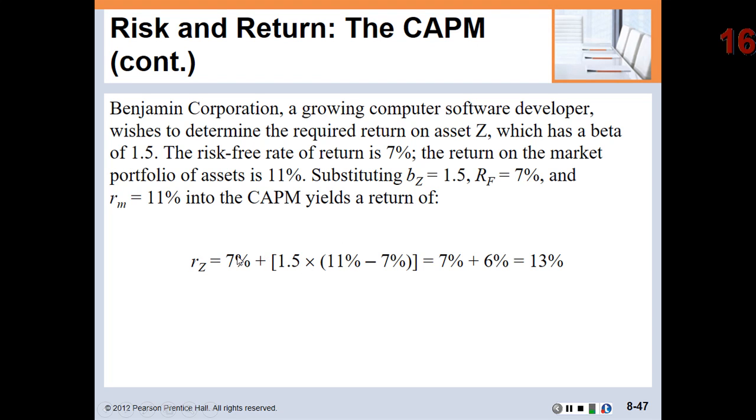So that leaves us with 7 plus 6%, which means if we invest in asset Z, we would expect to earn a return of a positive 13% for taking that much risk. And again, this doesn't seem like rocket science, but this was a really big deal when it was first discovered.